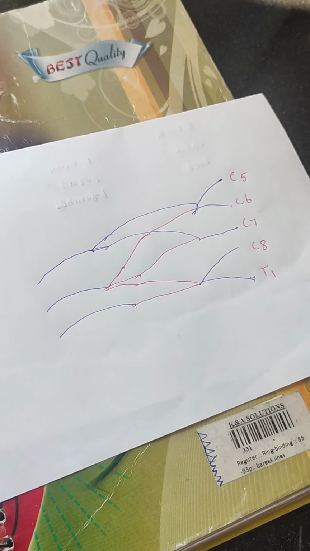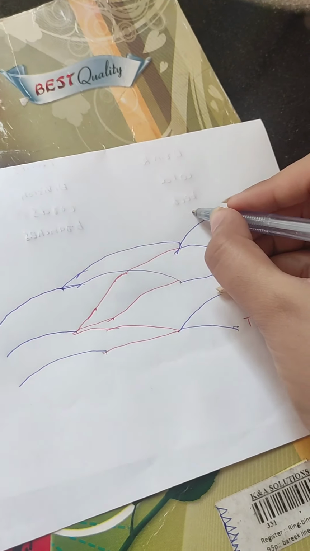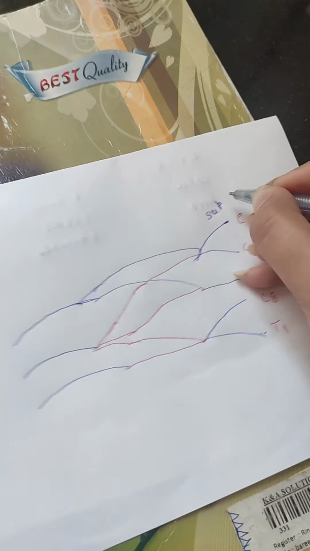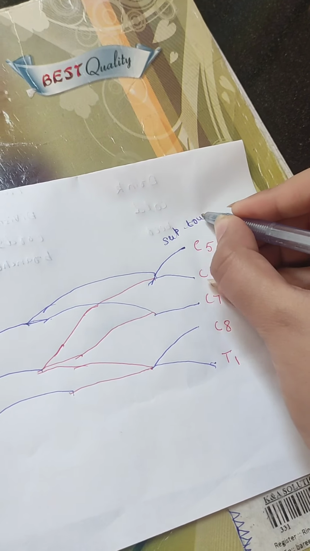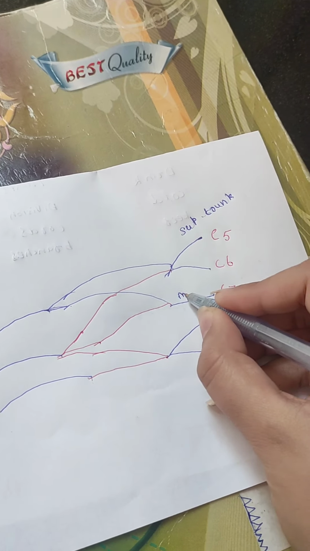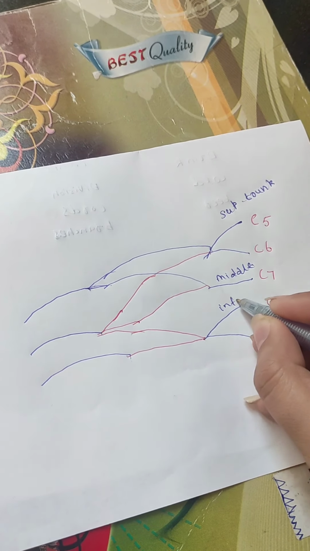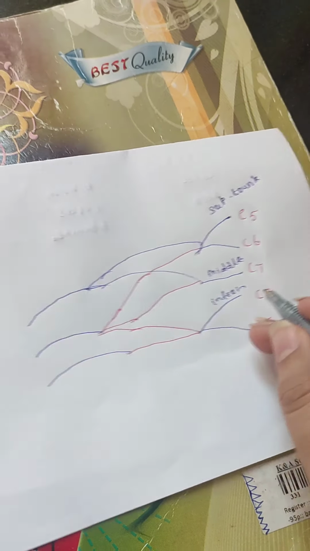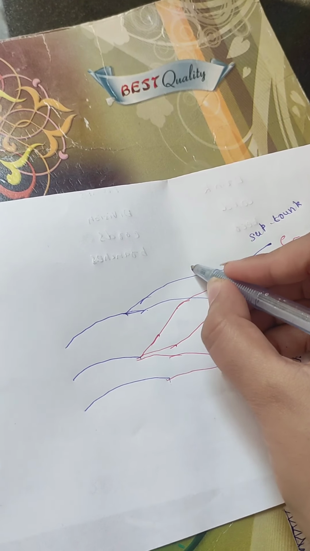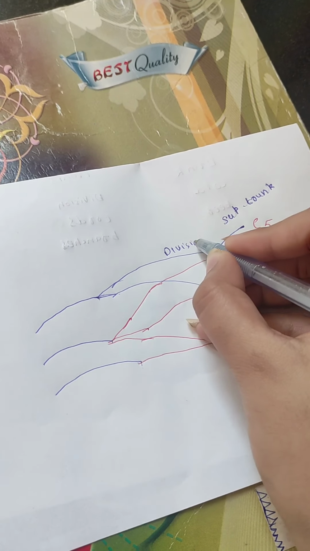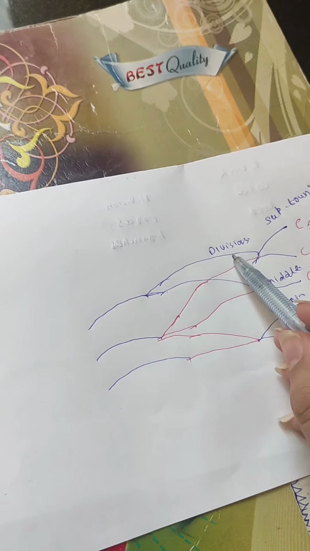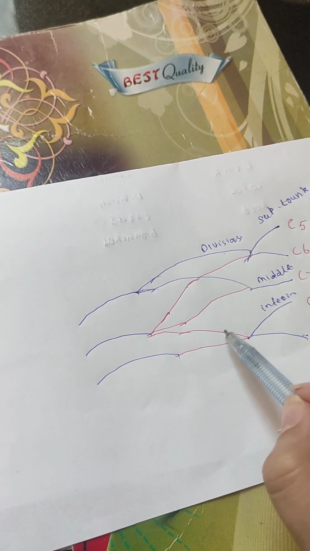Like that. So here we form the superior trunk, then middle, and then inferior trunk. Then there are going to be divisions, anterior divisions, and these are the posterior divisions.